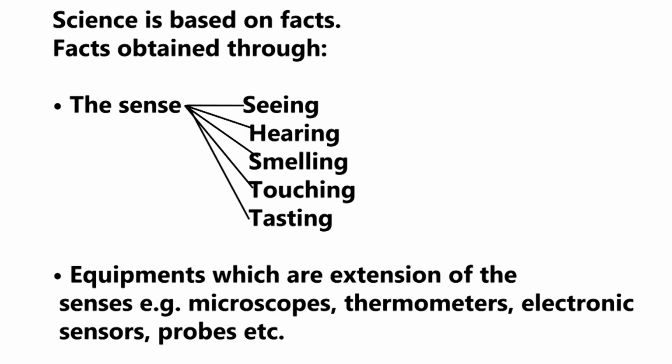Yes, the senses: we have the sense of seeing, hearing, smelling, touching, and tasting. And the facts are also gathered by using equipment which are extensions of the senses, like microscopes, thermometers, and various electronic sensors and probes.